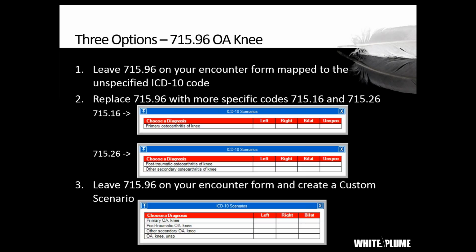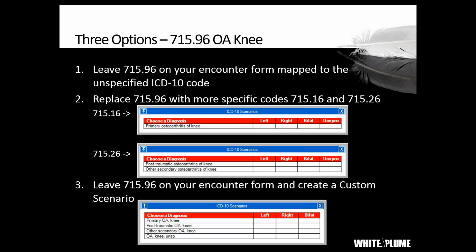And if you notice in this particular example, obviously we took off the choices for unspecified laterality. Again, that's a configuration setting. Most of our clients have chosen not to show their providers, their end users, those unspecified laterality choices, and I agree with that as well. If you had a face-to-face encounter with the patient, we should know which knee we're talking about here.